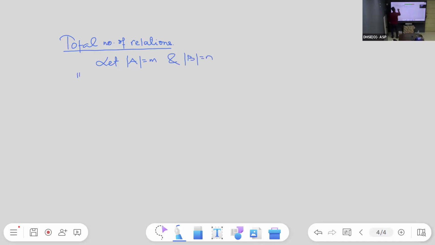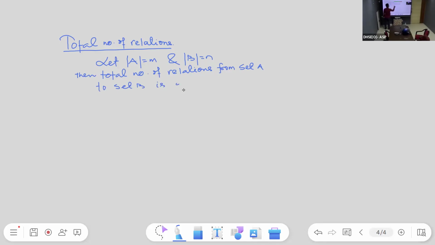Then the total number of relations from set A to set B is 2 to the power mn. Total number of relations from set A to set B is equal to 2 to the power mn.